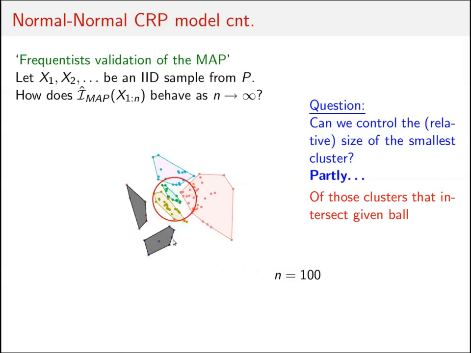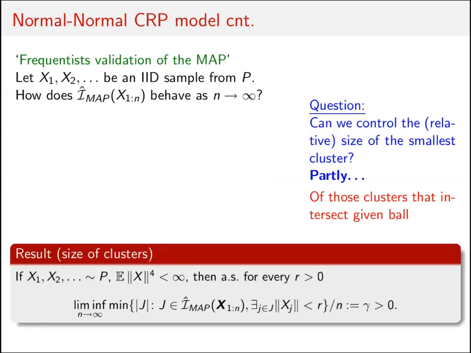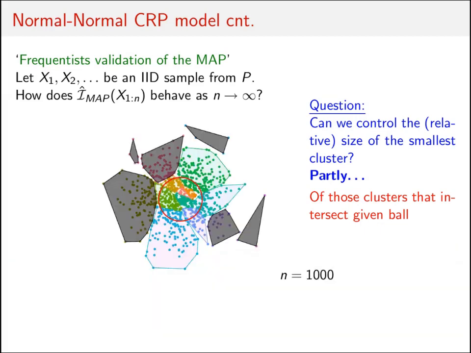So those are colored clusters. And our finding was that under the built assumptions on this P, the size of these colorful clusters is proportional to the number of observations.